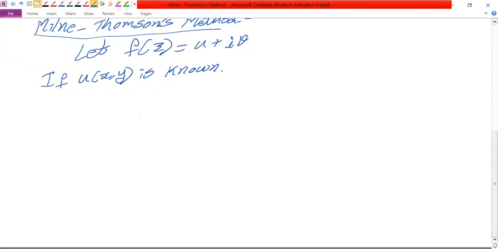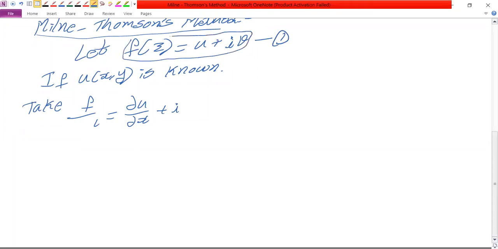So how to find that: if u is given, we have to take dou f by dx equals dou u by dou x plus i into, let me repeat it again. You have the equation f of z equals u plus iv, taking it as equation number 1.